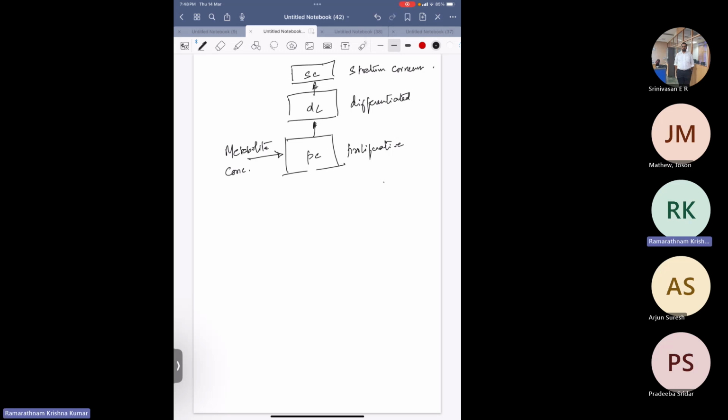Clear? First thing. Now, how am I going to solve it? I'm not going to break my head in solving it. I have MATLAB solvers for this, so there is no problem for me.